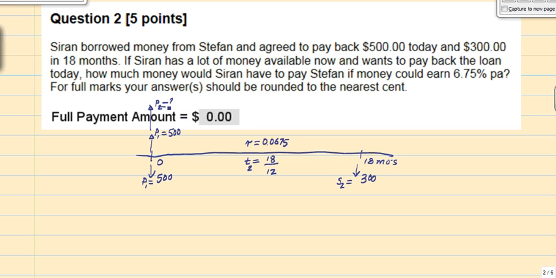We then add those two values, which is the equivalent of $500 today and $300 18 months from now. So the only thing we need to do is find P sub 2.